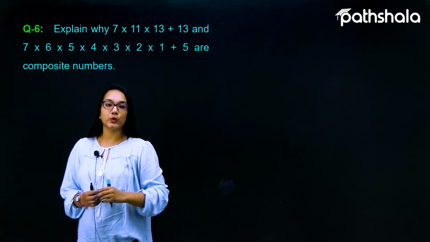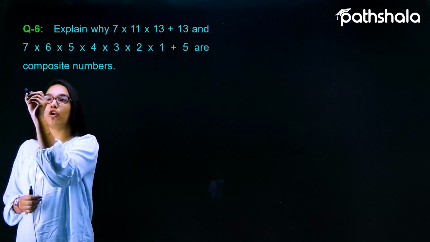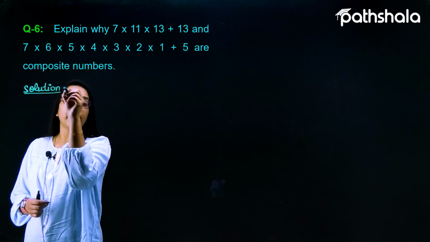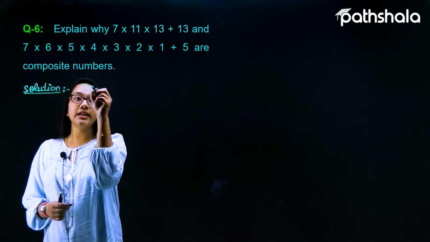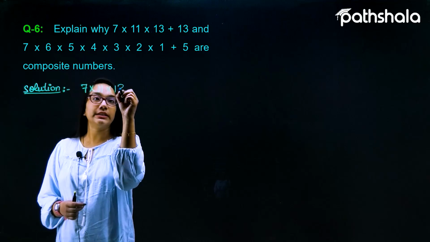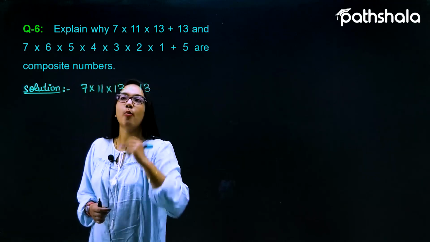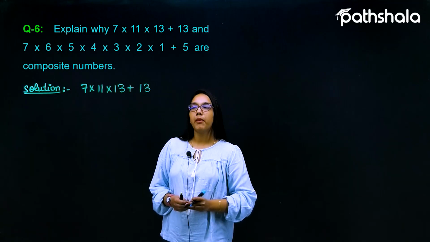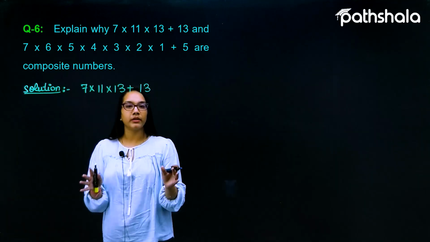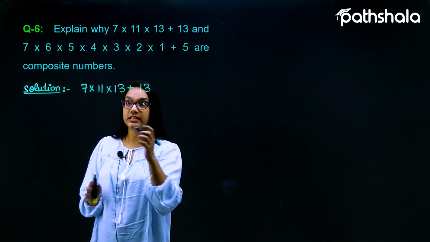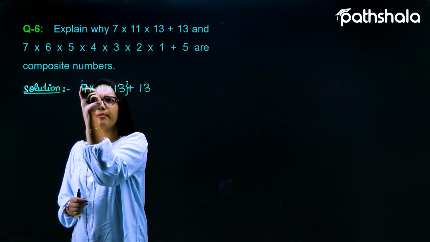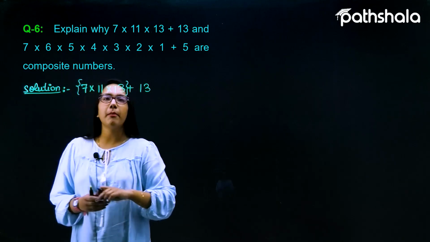So let's start the solution of this question. First of all, the first part is that we have to prove 7 into 11 into 13 plus 13 is a composite number. Let us take common elements, if they exist, in this number.